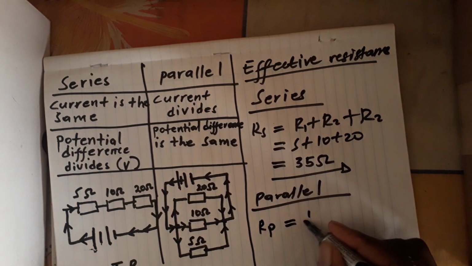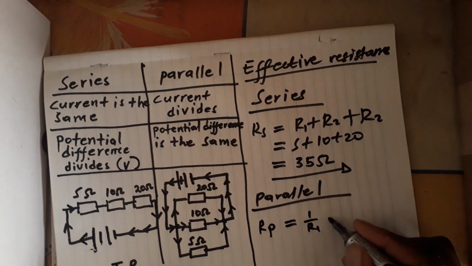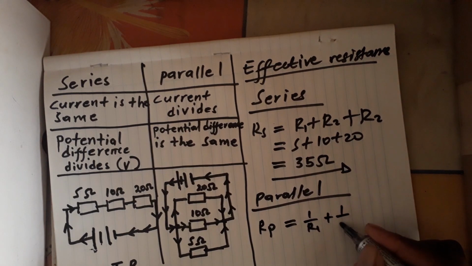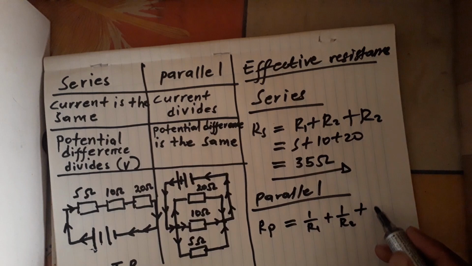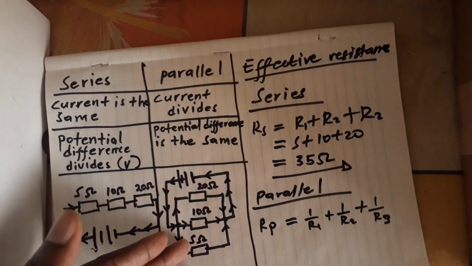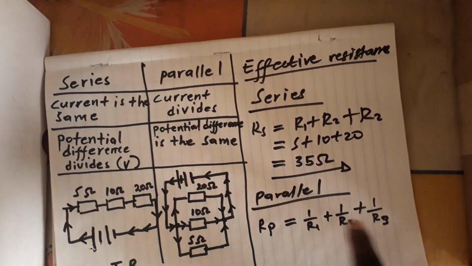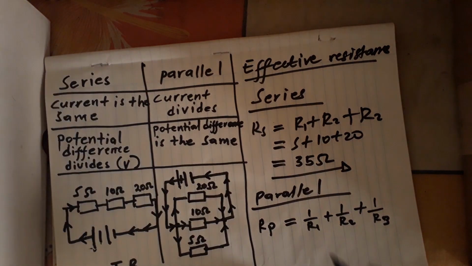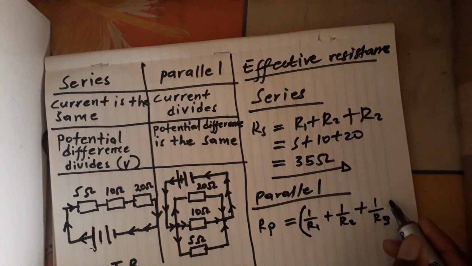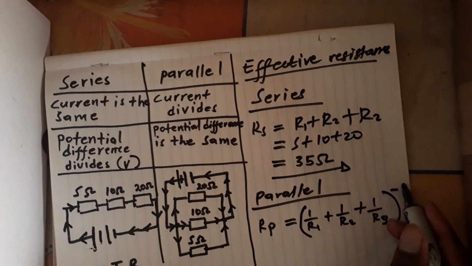RP equals 1 over R1 plus 1 over R2 plus 1 over R3. If we had two resistors, we would say 1 over R1 plus 1 over R2, and then you take the inverse of this.